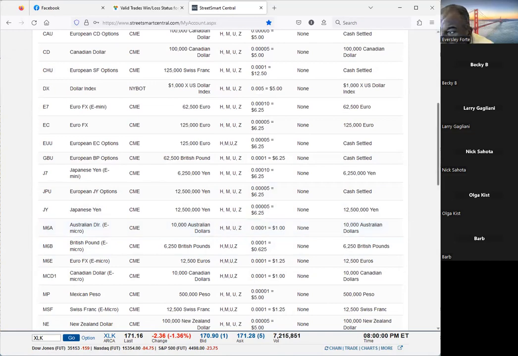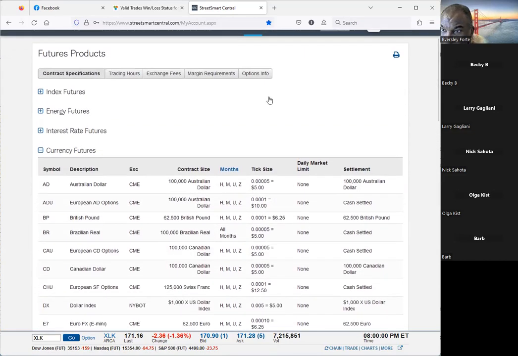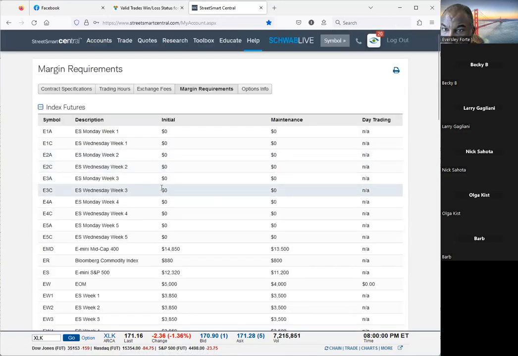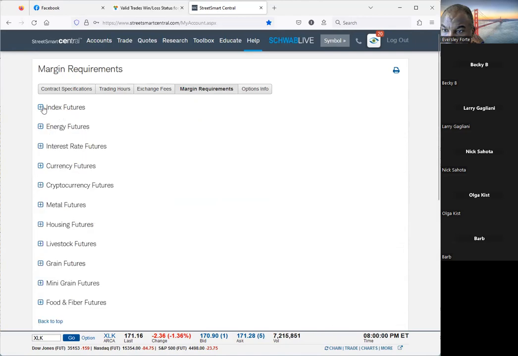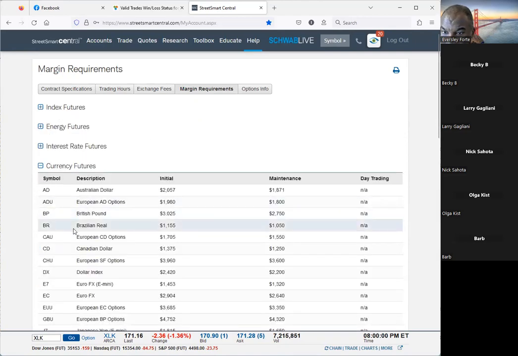Okay. Now let's look at the margin for each one of those. In currency futures, if we were to get the full-size contract for Aussie, we need $2,057 in our account as margin just to have the position open.